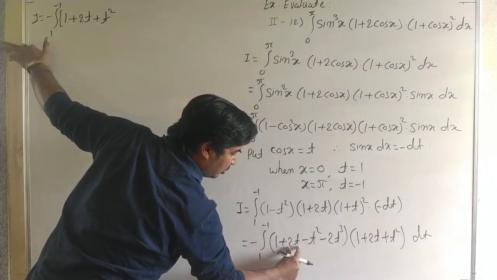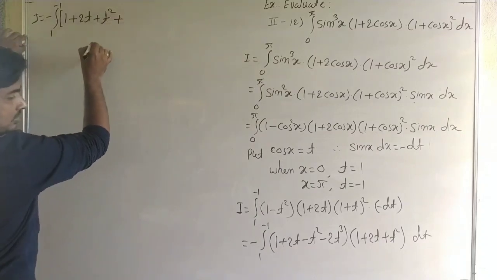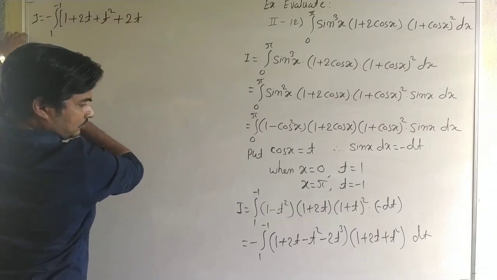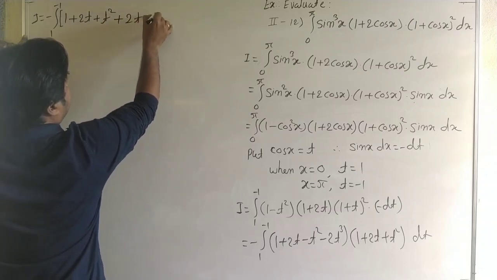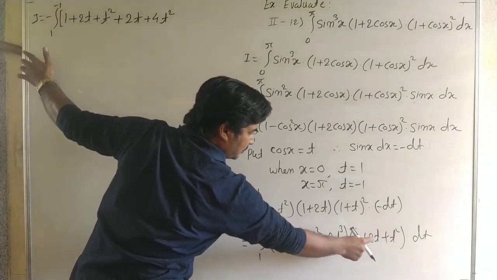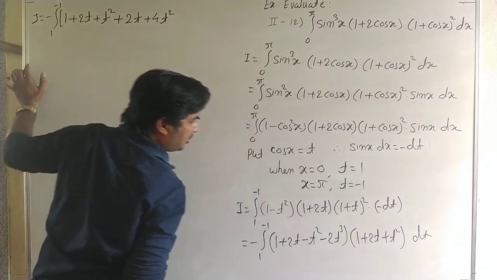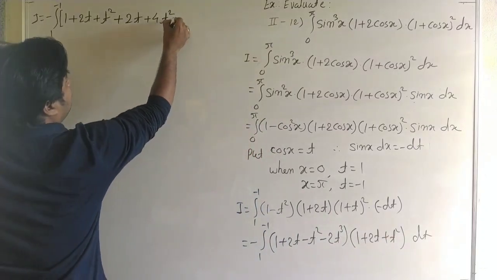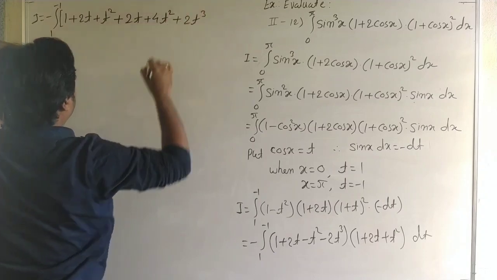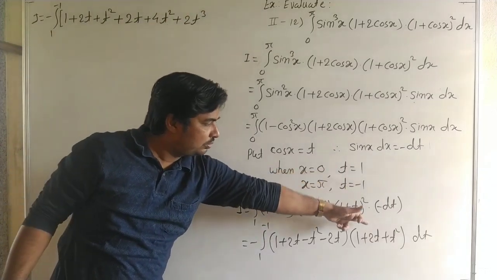Now multiply by 2t to this term, therefore it is plus 2t plus 4t square, 2t into 2t is 4t square, and 2t and t square is 2t cube, plus 2t cube.